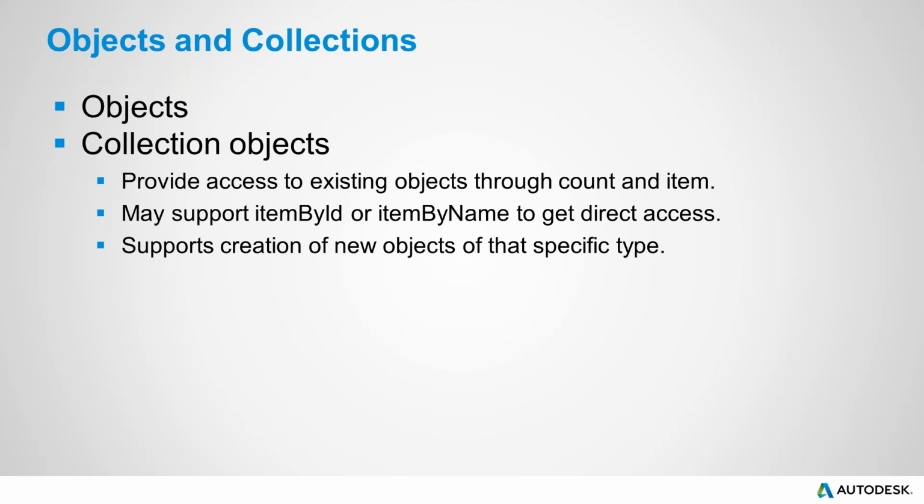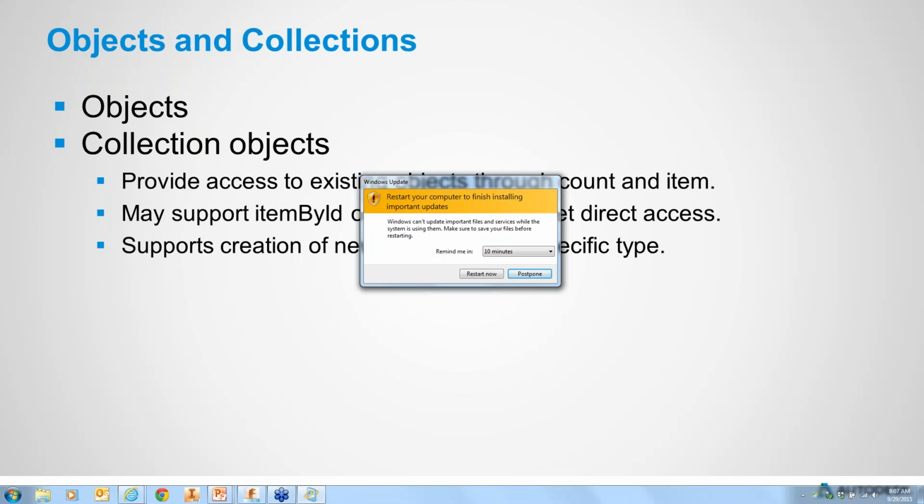I could go to the features collection and say, give me the thing named Extrude 1, or whatever the user's named it. Or I could go to the parameters and say, give me the parameter named length. So instead of having to look through all of them and find the one that has a certain name, I can just use these to get it immediately if it's there.